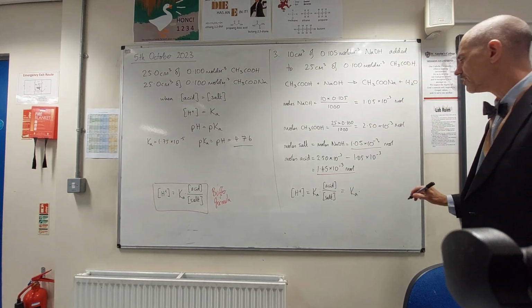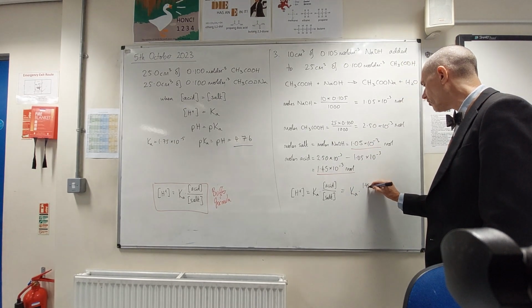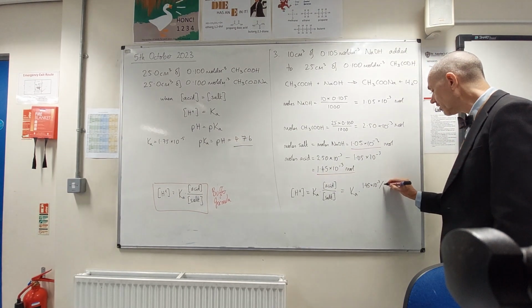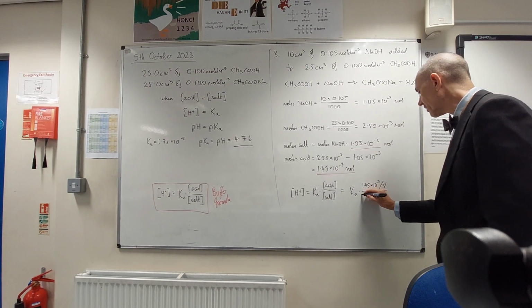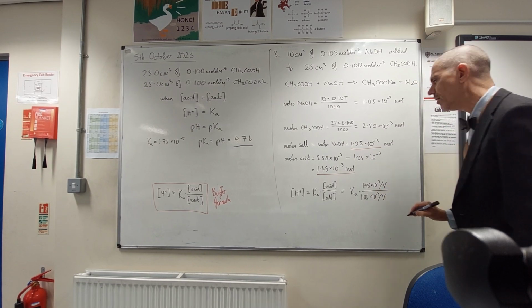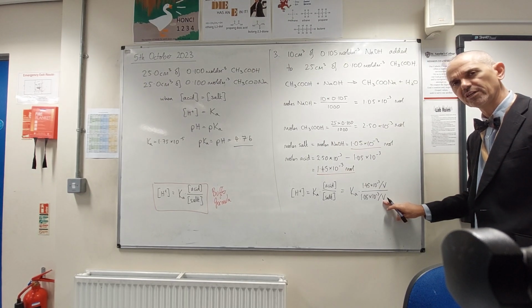If I substitute those numbers in, I'm going to have moles of acid on the top, 1.45 times 10 to the minus 3, and I need to remember to convert it into concentration by dividing by its volume. And I'm going to put that over the salt, which is also going to have to be converted to concentration by dividing by its volume.